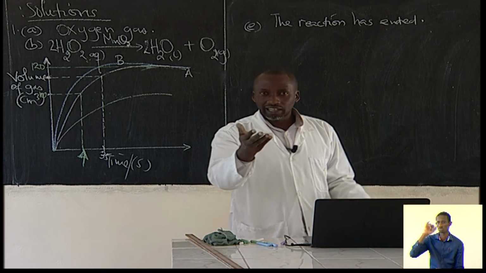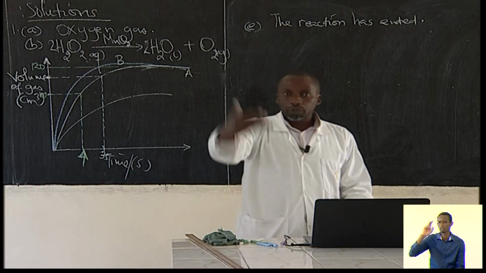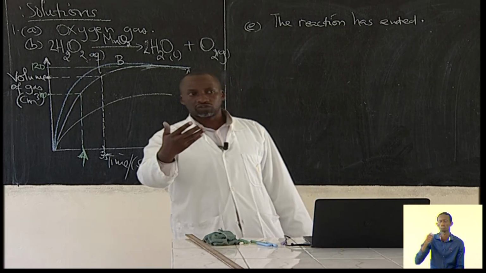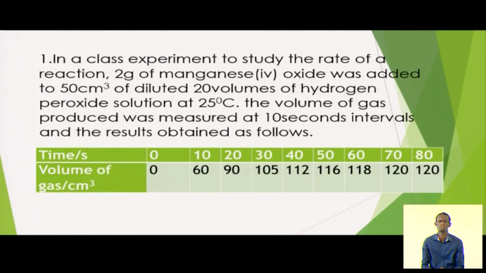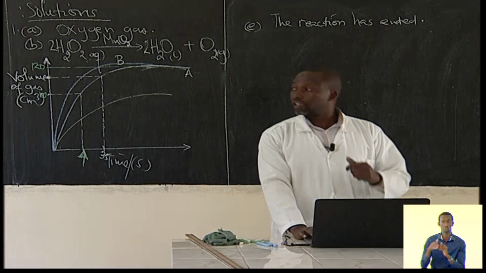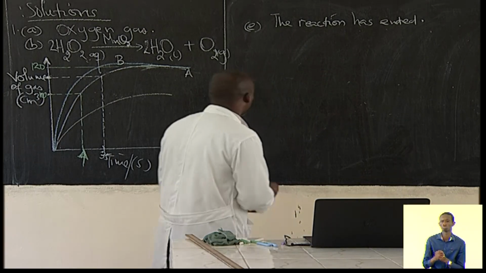And what is a catalyst? Catalysts only speed up the rate of the reactions. They don't take part in a chemical reaction, and they remain unchanged at the end of the reaction. So that is why the mass of manganese 4 oxide remains constant.